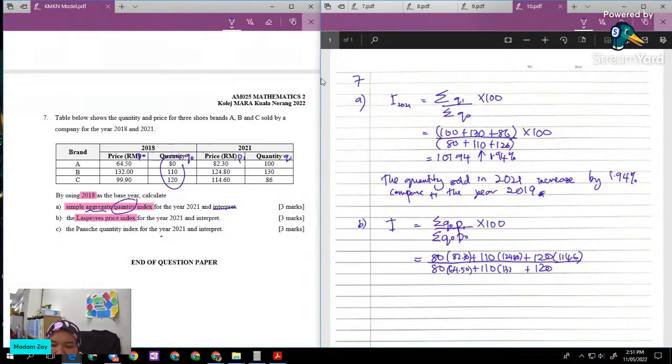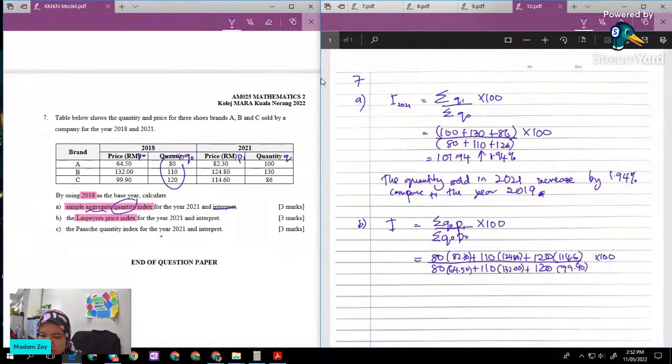64.50, 132.00, 99.90 multiply by 100. So, saya malas nak guna kalkulator tu. Tak payah. Saya tekan sendiri kat sini. So, 80 darab 82.3 tambah 110 darab 124.8 tambah 120 darab 114.6.